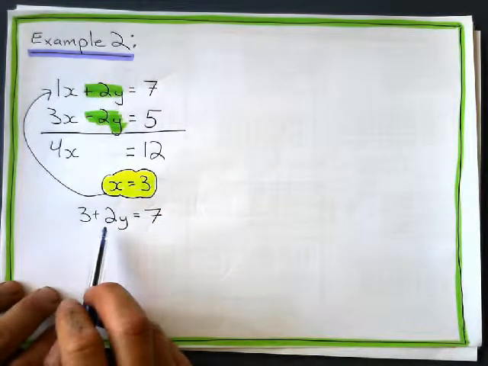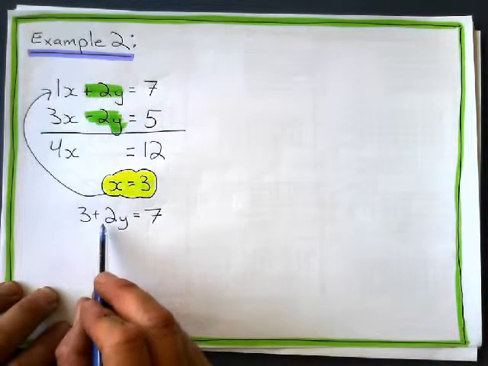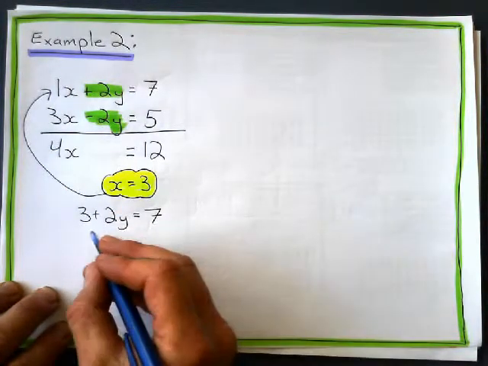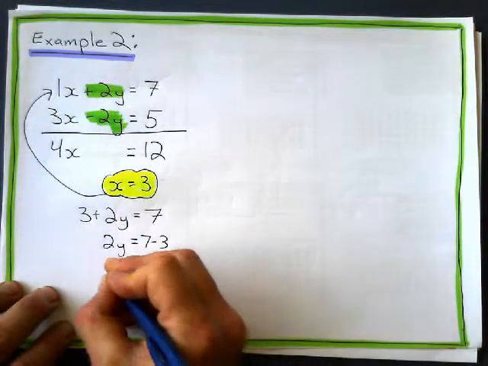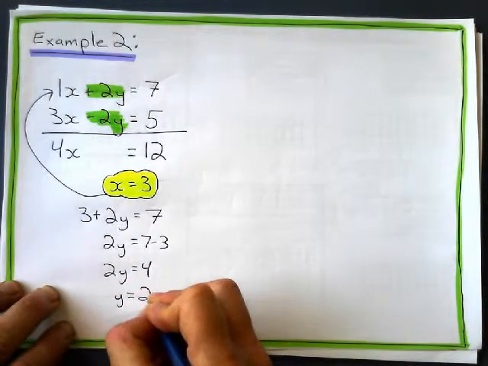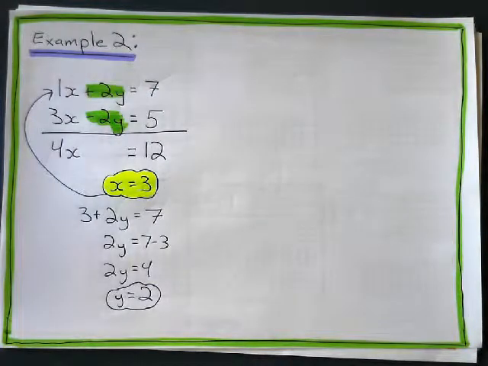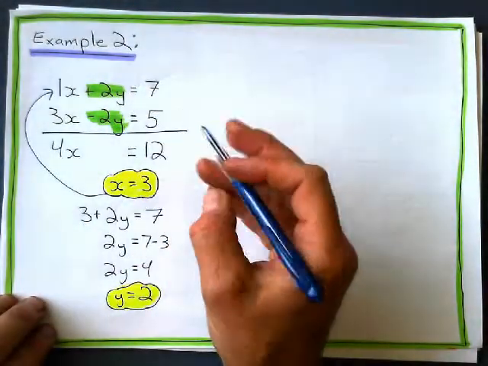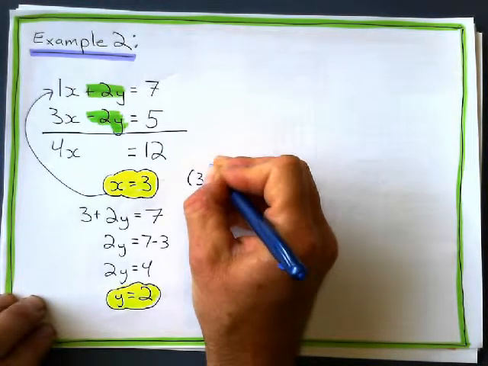So here requires a little bit of solving, because even though you substituted that 3 in, you still have to solve for y. Okay, so you subtract the 3, and you get 2y equals 4, and you divide by the 2, and you get your y coordinate. And of course, if we were to graph these lines, they would come together at 3, 2, wouldn't they?